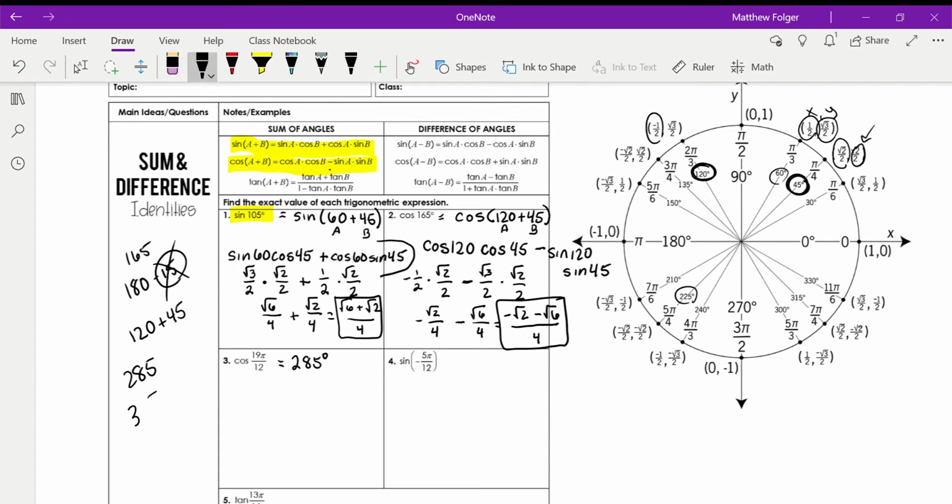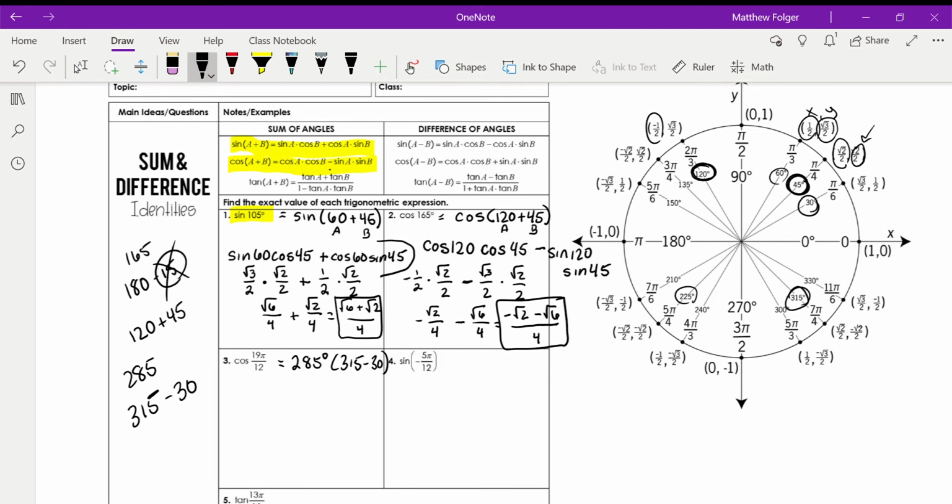Oopsie. 315 minus what is that? So that would be minus 30, right? 315 minus 30 is 285. Do we know the values for 315 and 30? We sure do. So let's use a subtraction. Let's write this as 315 minus 30.